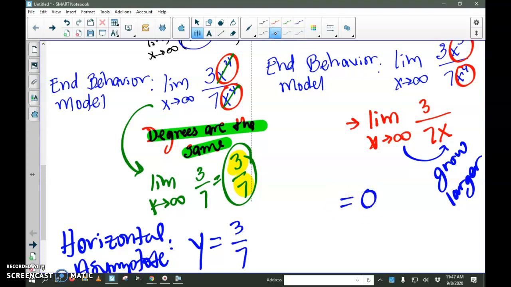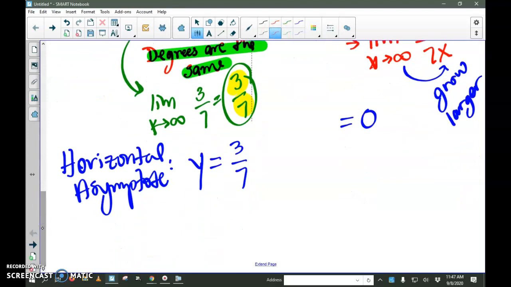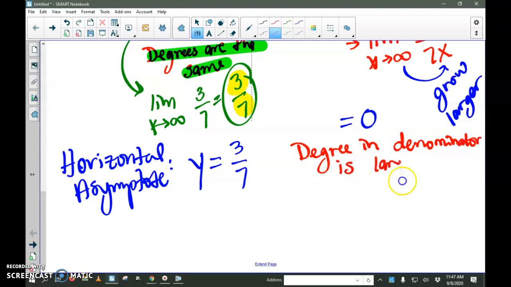And so notice in this particular case that the degree in the bottom, or the denominator, to use math terms, is larger. And so because the degree in the denominator is larger, when I substitute in larger and larger values for x, the bottom is going to grow much faster than the numerator, which means my overall number is going to approach 0.